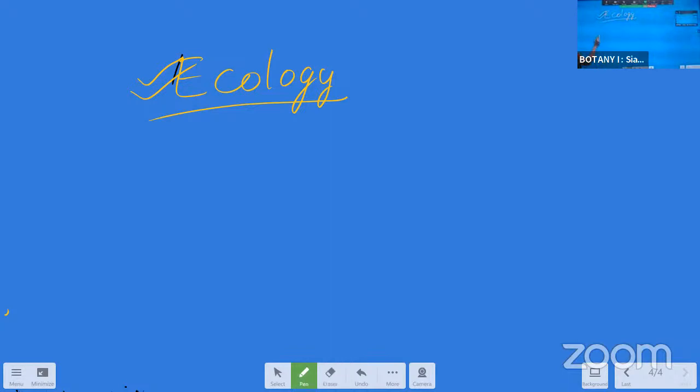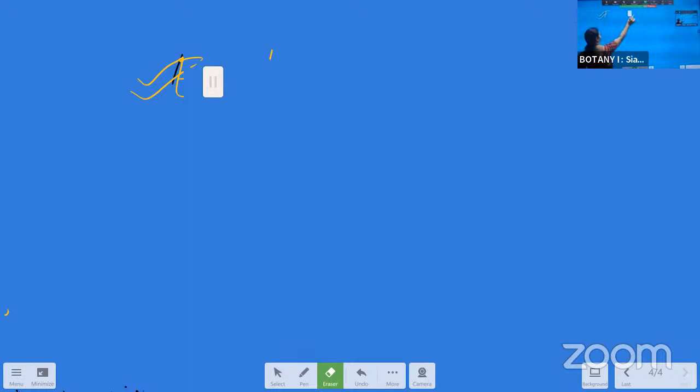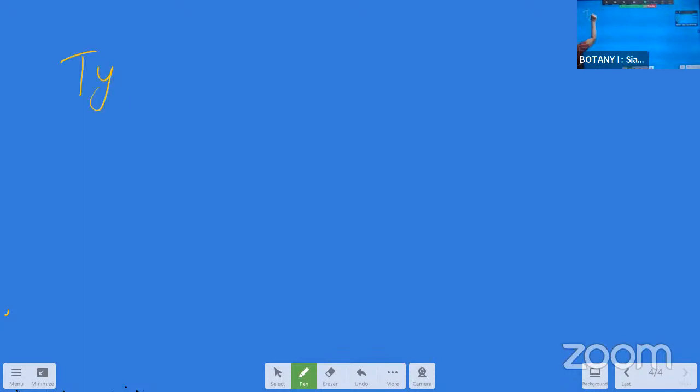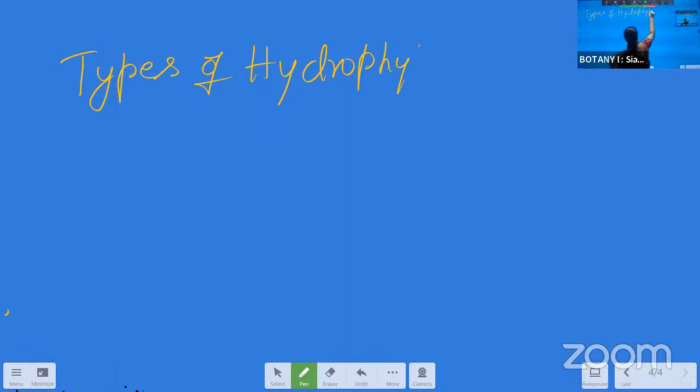Okay, so the first SAQ in this chapter is the types of hydrophytes. This is the one we got in the March paper.